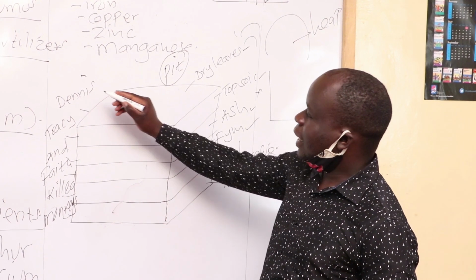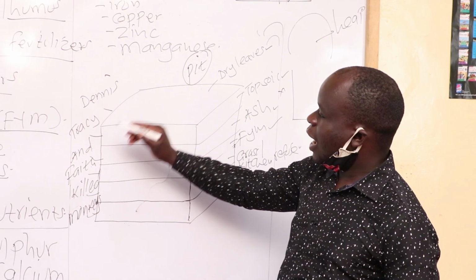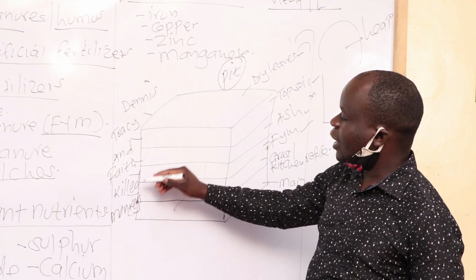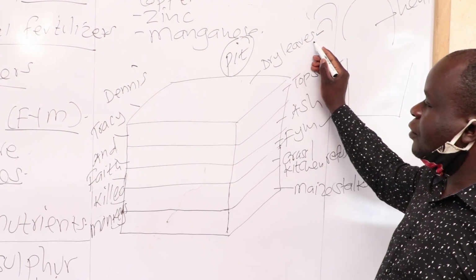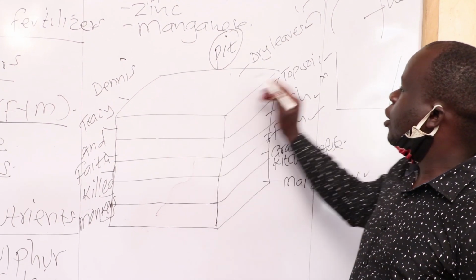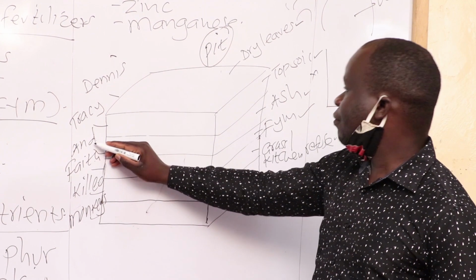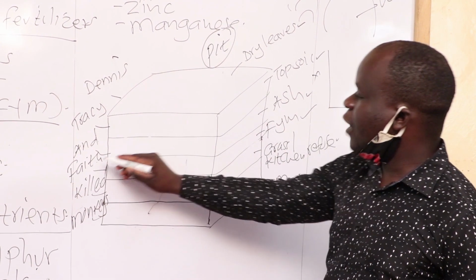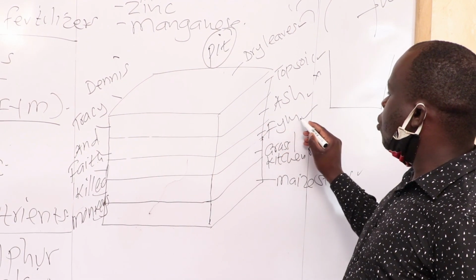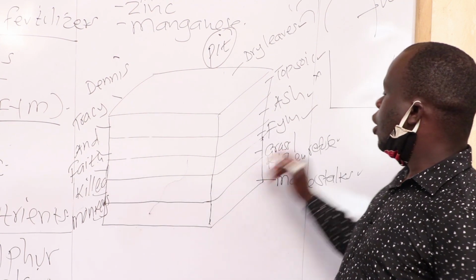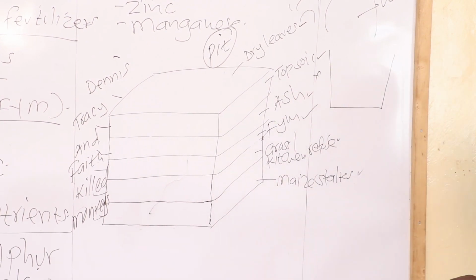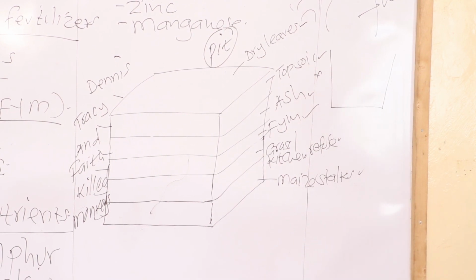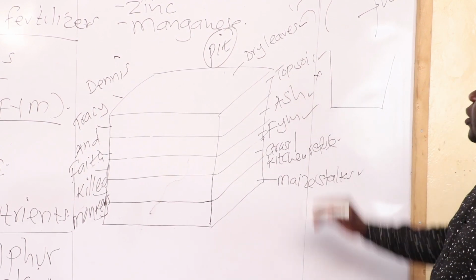I'll repeat. Dennis, Tracy, and Faith killed monkeys. Dennis for dry leaves, Tracy for topsoil, and for ash, Faith for farmyard manure, Kill for kitchen refuse, monkeys for maize stalks. That's how you can identify those layers, so you can know it.